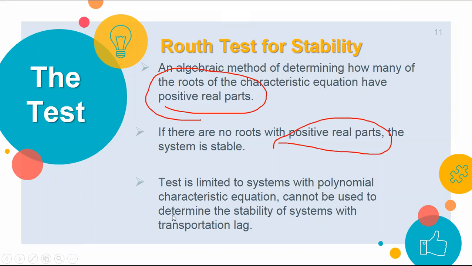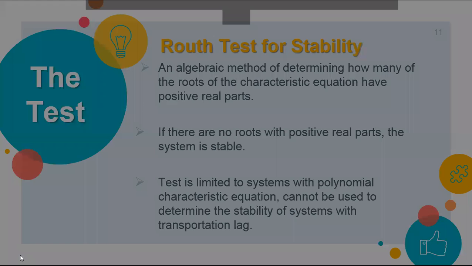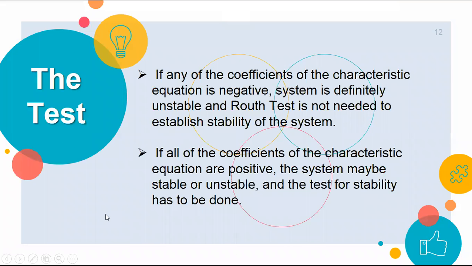You can already test for stability of that system which has a transportation lag which you approximated, based on your decision on what you will use as an approximation. So take note of these things which the Routh test lays out in the first place for you to know. If any of the coefficients of the characteristic equation is negative, the system is definitely unstable, and the Routh test is not to be performed anymore.